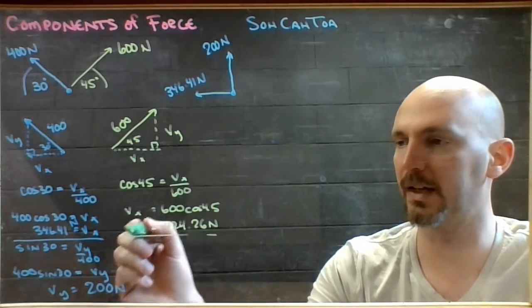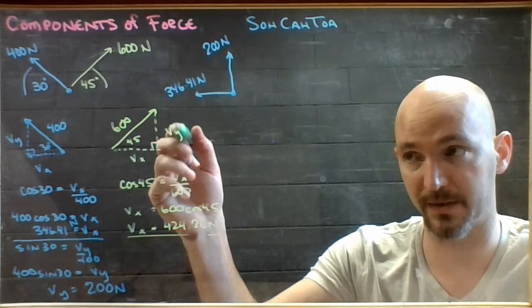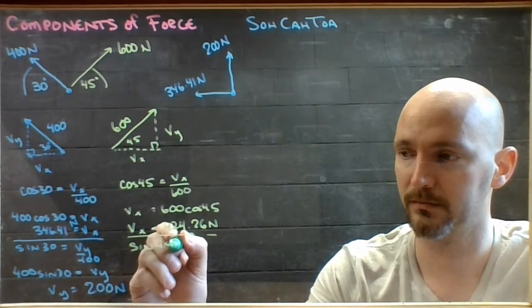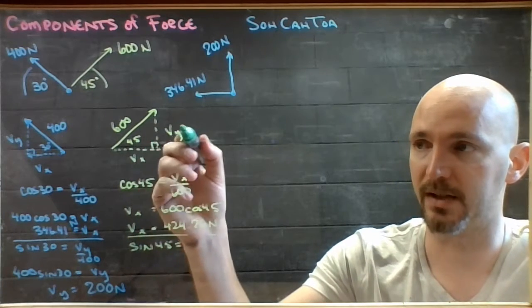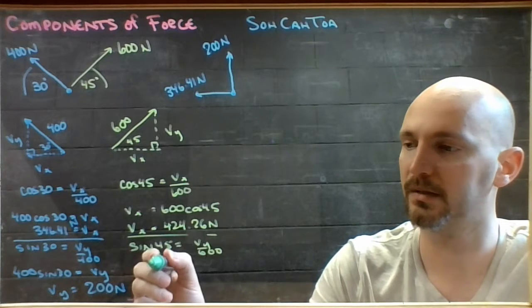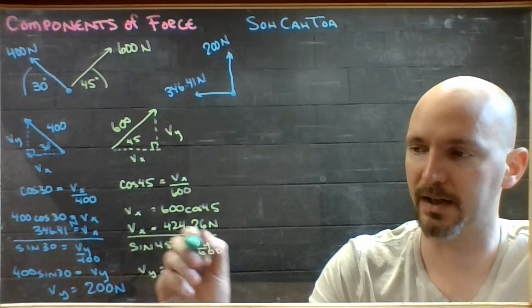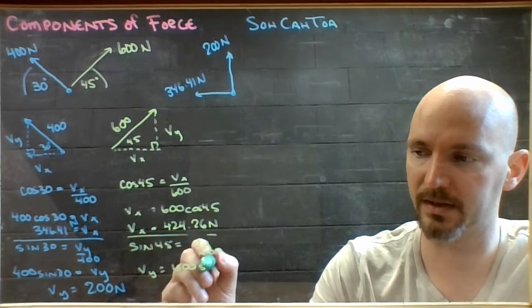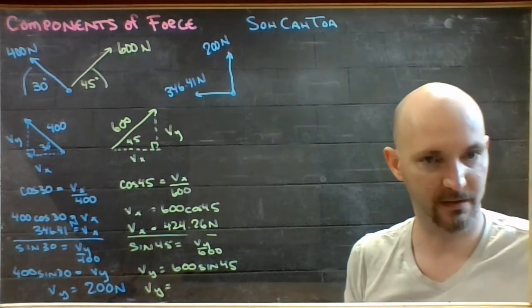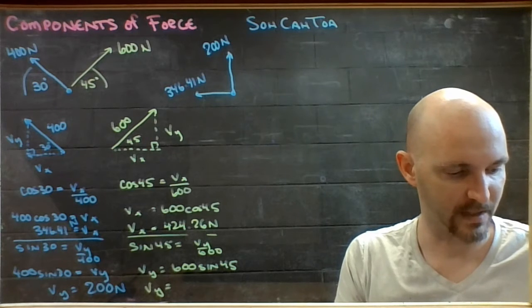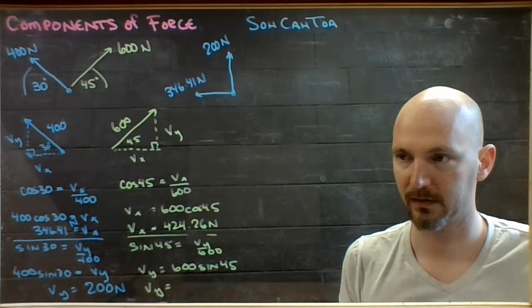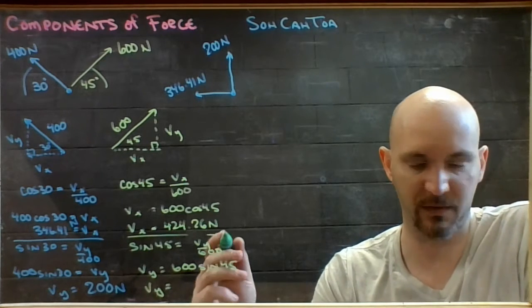All right, and if I do the opposite side for vertical, I'll need sine. Sine 45 is opposite over hypotenuse. That's Vy over 600. Vy would be 600 sine 45. So Vy is 45 sine times 600, which is 424.26.